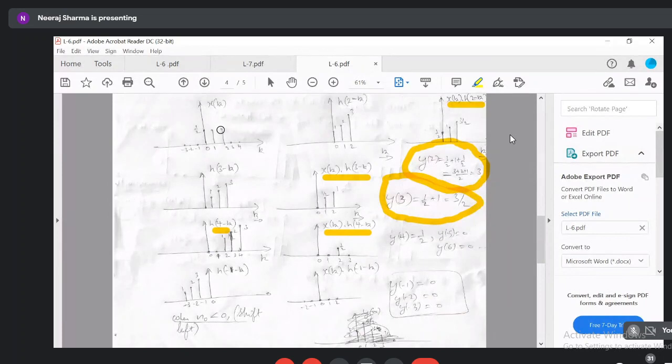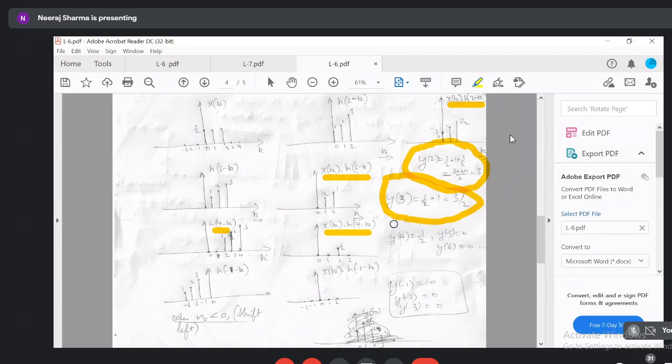Then 1 by 2 at k equal to 2 multiplied by 1, right? So 1 multiplied by 1 by 2 equal to 1 by 2. Then the rest of the samples here are equal to 0. And the samples here have magnitude, but this 2 multiplied by 0 is 0. This 3 multiplied by 0 is equal to 0. So that's why we have only one sample at k equal to 2 for the product sequence.